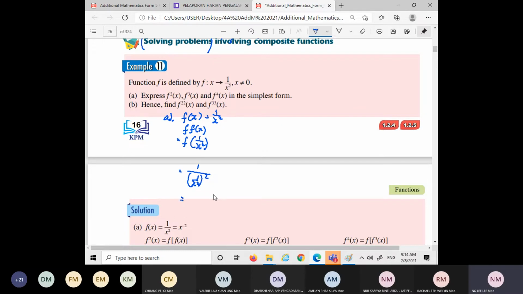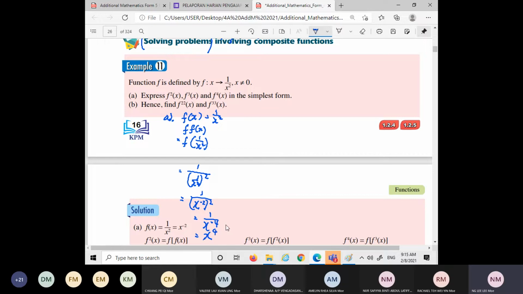Then how to solve this? What's the meaning of this? If you want, you can write it this way: 1 over x squared is x to the power negative 2, then to the power 2. Then bring this inside: negative 2 times 2 is negative 4. Then this x to the power negative 4 is at the denominator, so it becomes positive at the numerator.